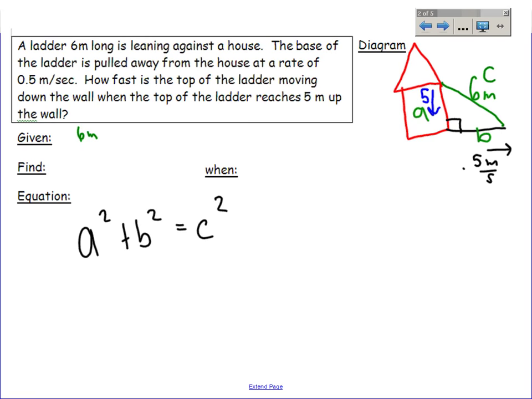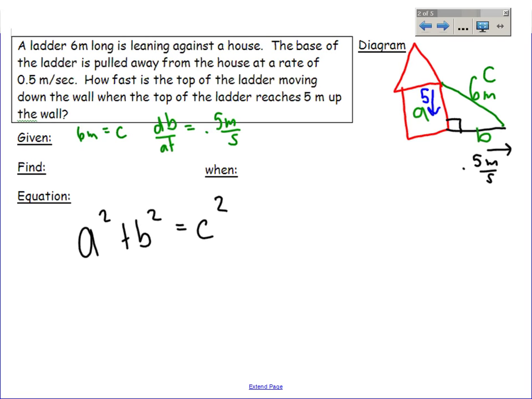The other piece of information that we are given is that this 6 meters is going to be C. And dB, the change in our base along the ground, is going to be 0.5 meters per second. Oftentimes you have to really think about this one.